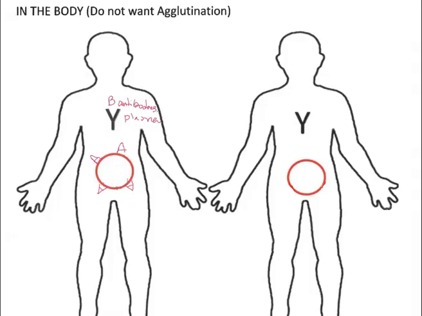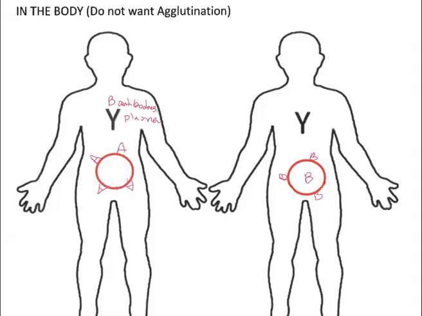Now let's go over to the example on the right-hand side. Let's imagine this person was a B type. What type of antigens would they have on their red blood cells? They would have B antigens stuck to their red blood cells, correct?